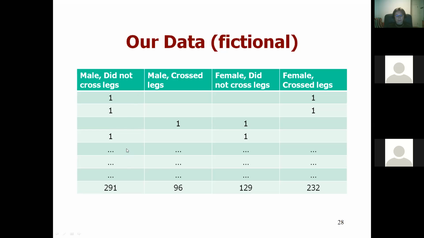So here is, who can tell me, looking at this data, how many lines or rows are there in this Excel file? Who can guess?